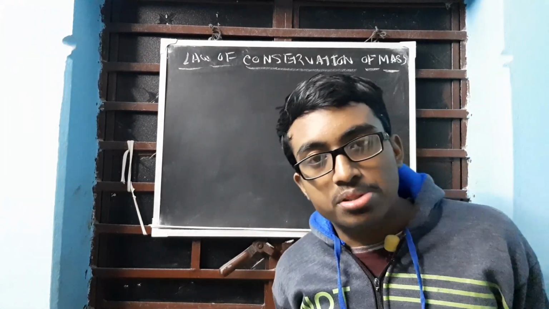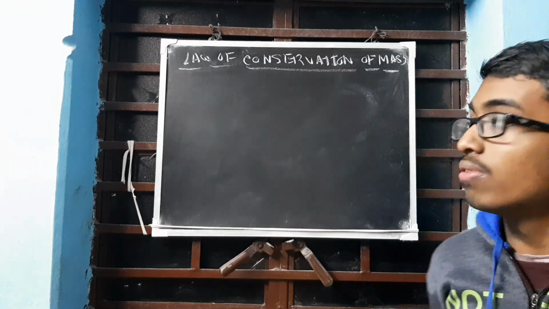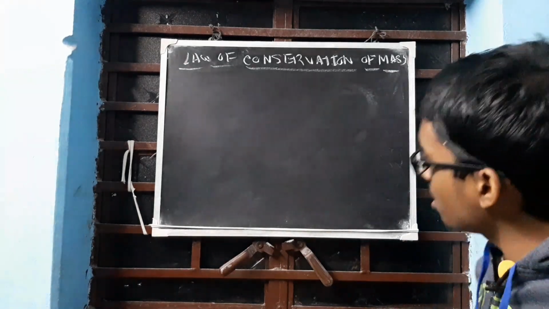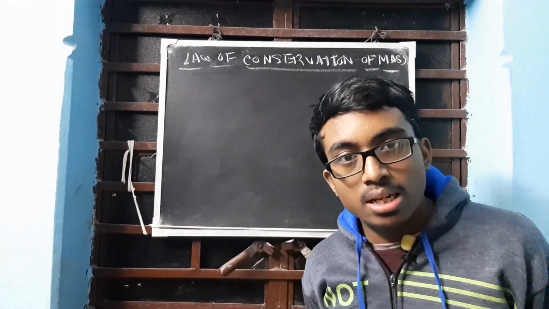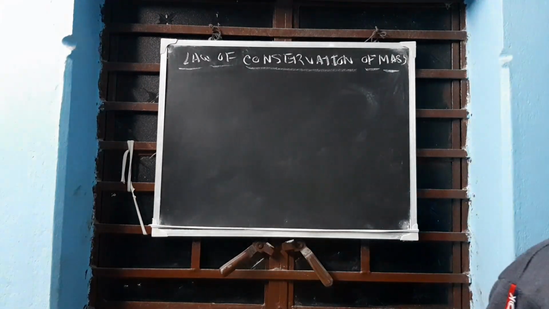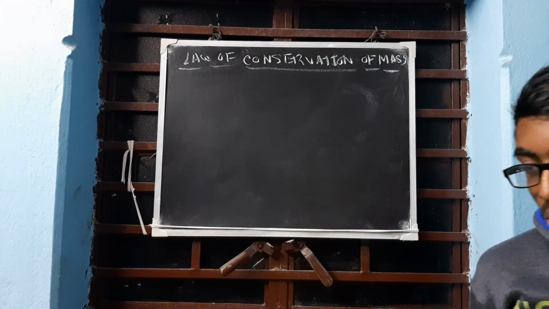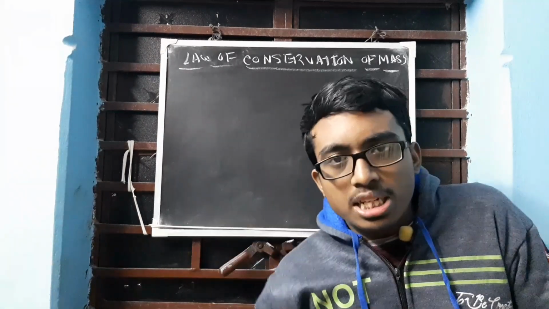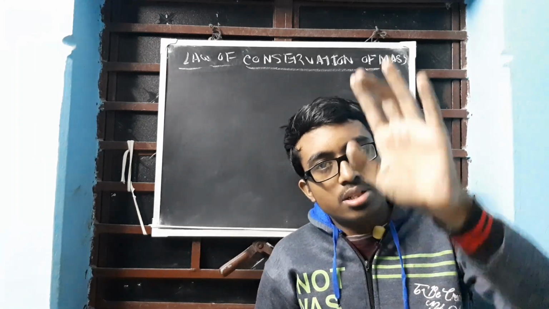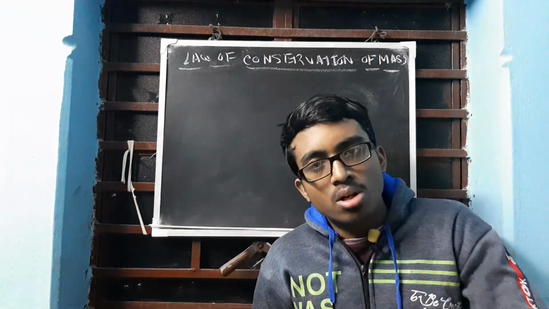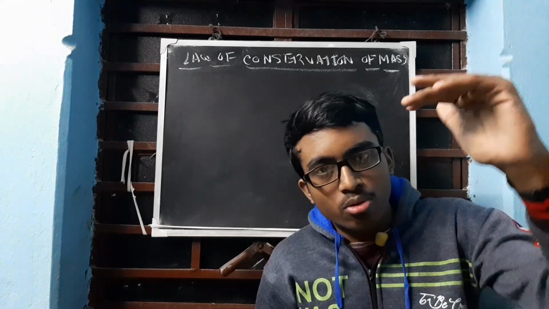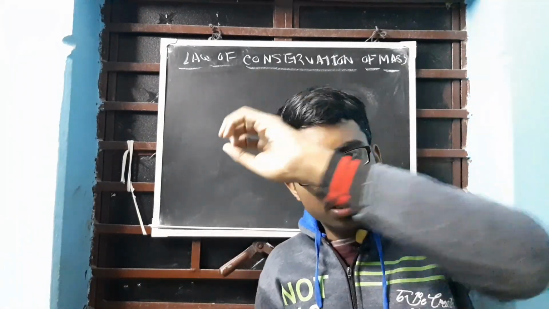Many classes you have read. So what exactly does the law of conservation of mass state? It states that during a chemical reaction mass is neither destroyed nor created. Clear or not clear? Now we do not write mass, as I've already told you when I was dividing the universe into matter and energy.